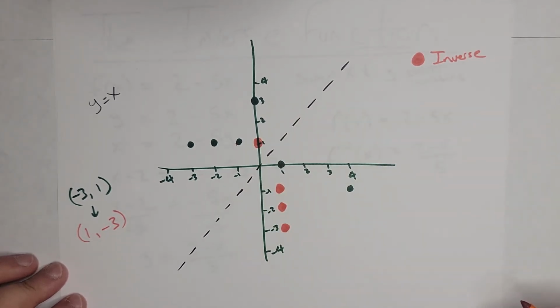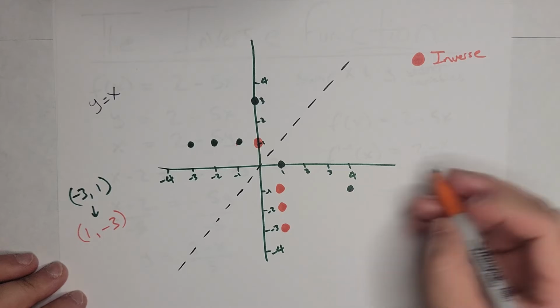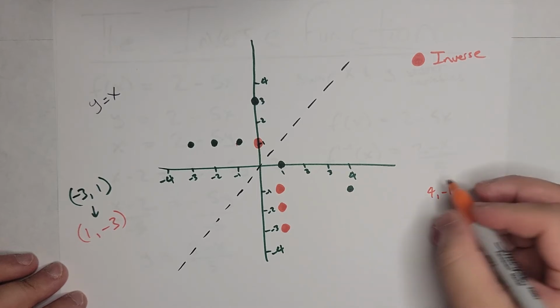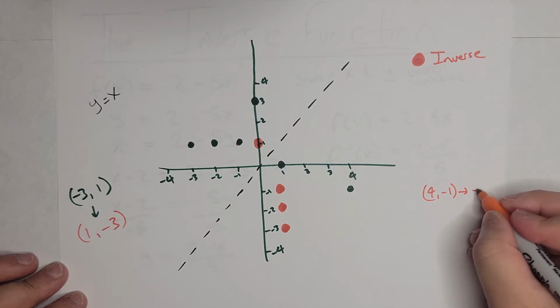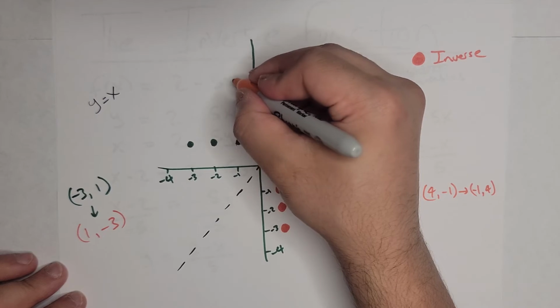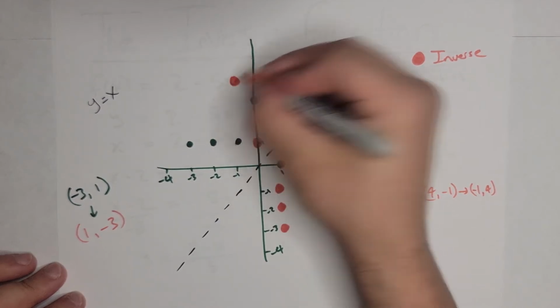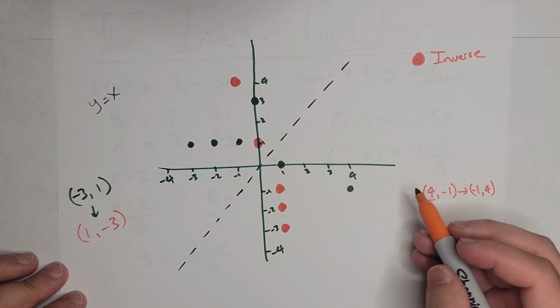And that's that. Let's look at this one. 4 comma -1. That becomes -1 comma 4. That's all the way up here. Same with, what else am I missing?